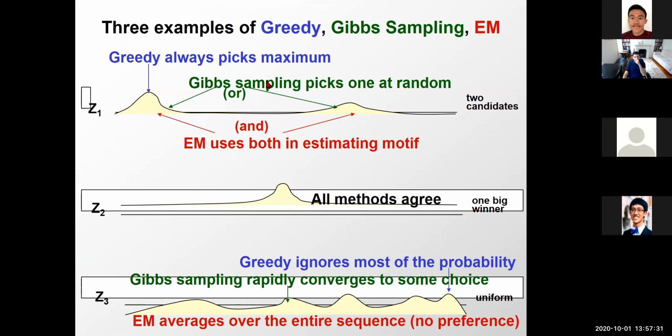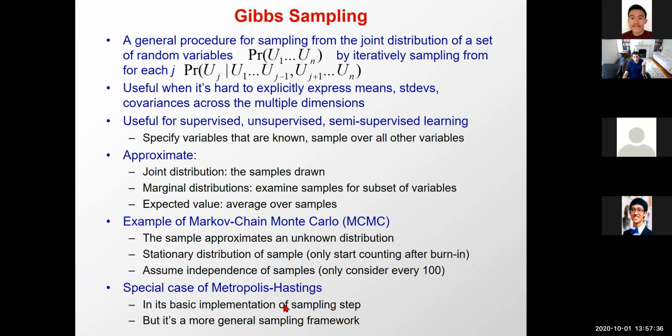But what Gibbs sampling does is that it basically says, let me just simply sample from that posterior. Gibbs sampling is a very general procedure for sampling from the joint distribution of a set of random variables by iteratively sampling from each of them in turn. So you're sampling from one sequence given all the others, and then sampling from the other given all the others, and so on and so forth. It's a very useful procedure when it's hard to explicitly express the means, the standard deviations, and the covariances across the multiple dimensions of your data set.